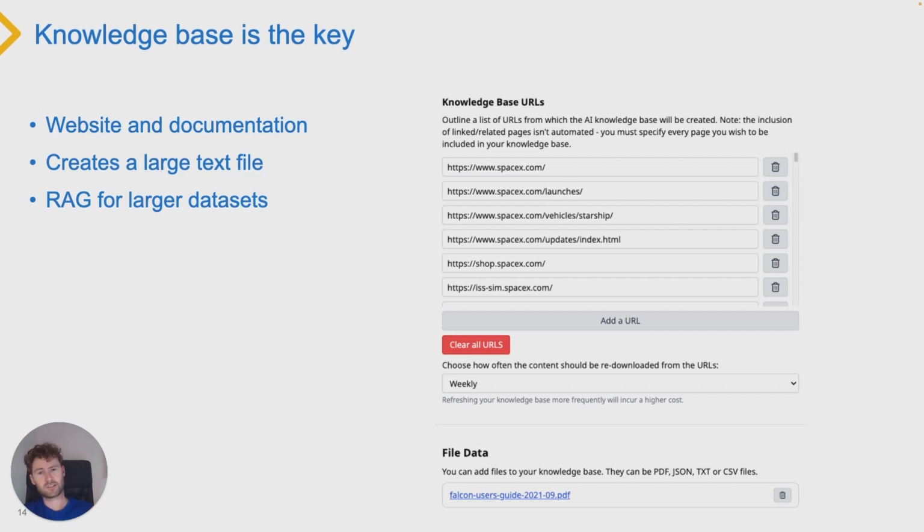What this will do is, if your knowledge base is bigger than the context window of the LLM, so if the context window is 500 kilobytes and you've got a 100 megabyte knowledge base, it will basically chop it up into little chunks, as they're called. And then when you're querying the LLM, it will provide the most relevant chunks to that query.